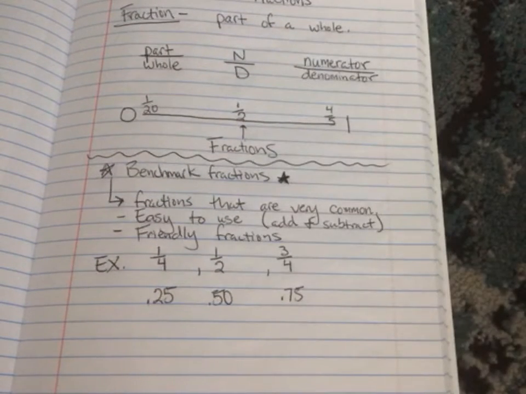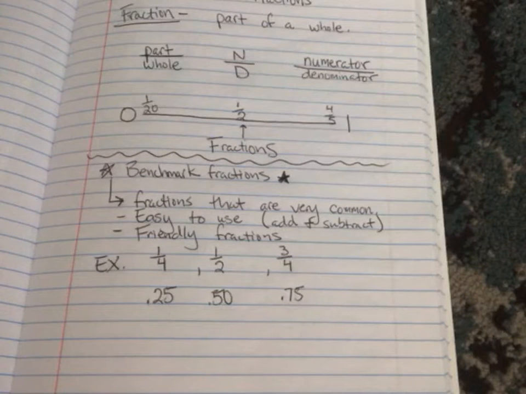So your fourths are very common. Your next fourth would be 4/4, and anytime the numerator and denominator are the same, that is a whole number, which we're going to get to later this week. So I'm not going to write 4/4, but your fourths are pretty common.